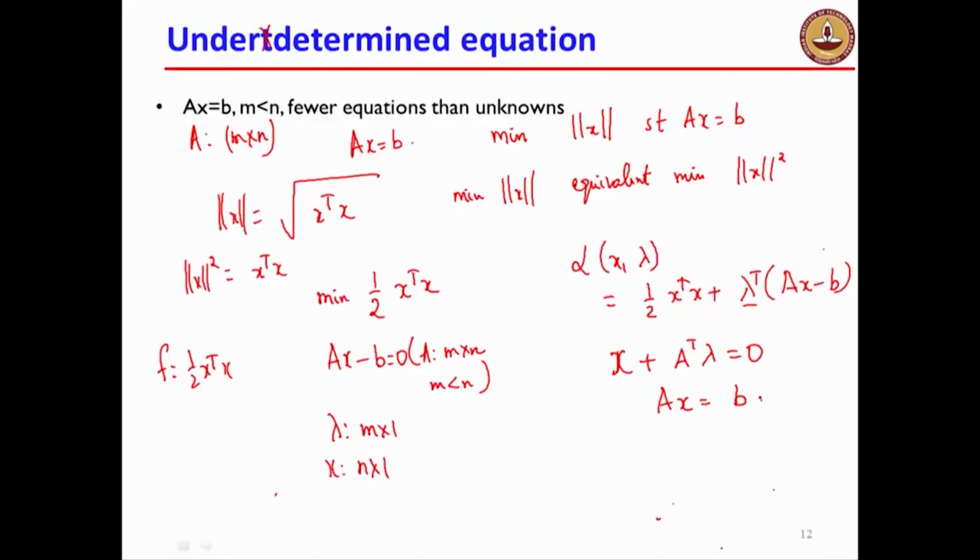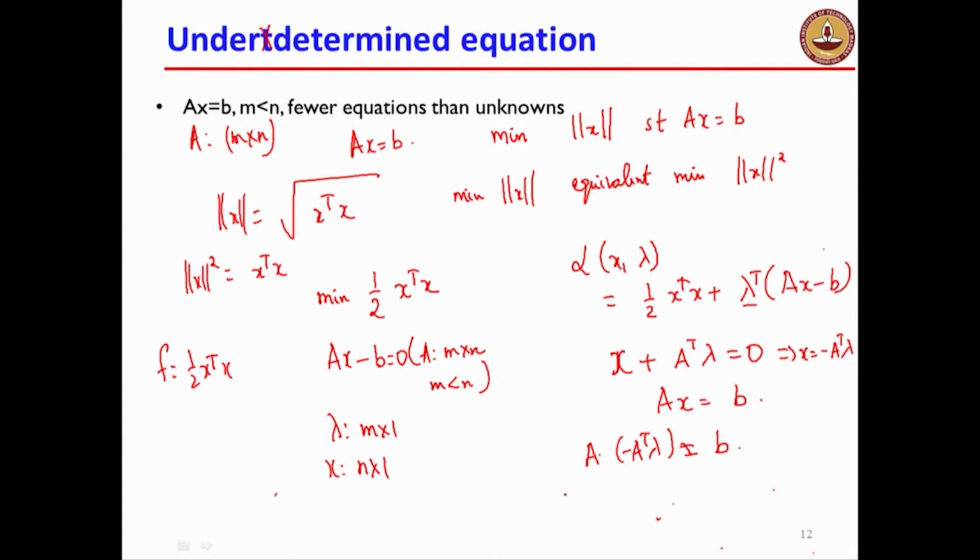Now how do I get the solution of x? From this, x plus A transpose lambda equal to 0, so I will let x equal to minus A transpose lambda, and then I will put x over here. So I will write A times minus A transpose lambda is equal to b, because x I have written as minus A transpose lambda.